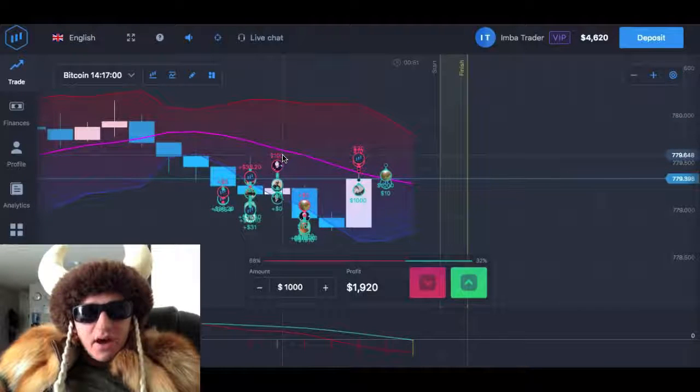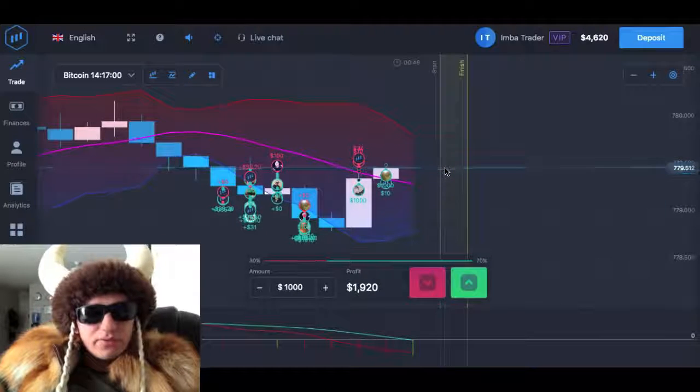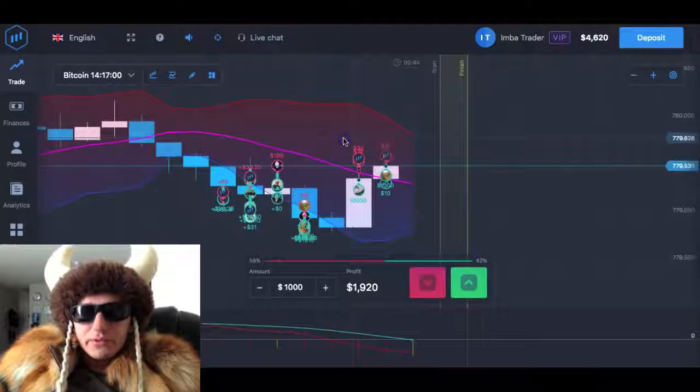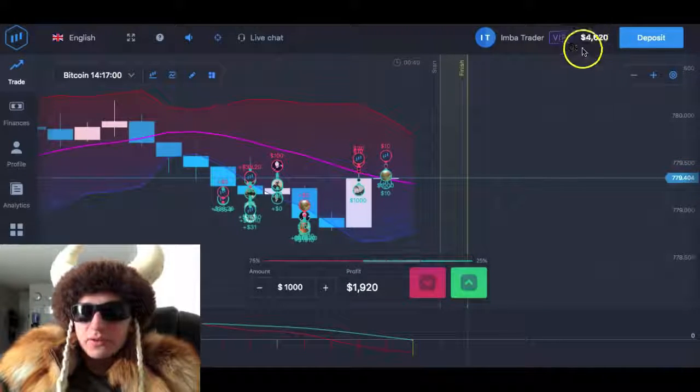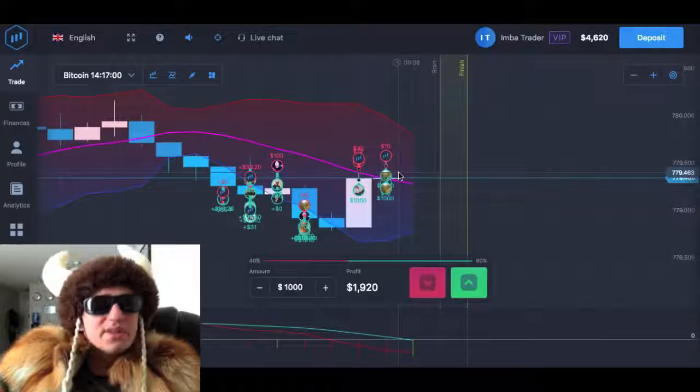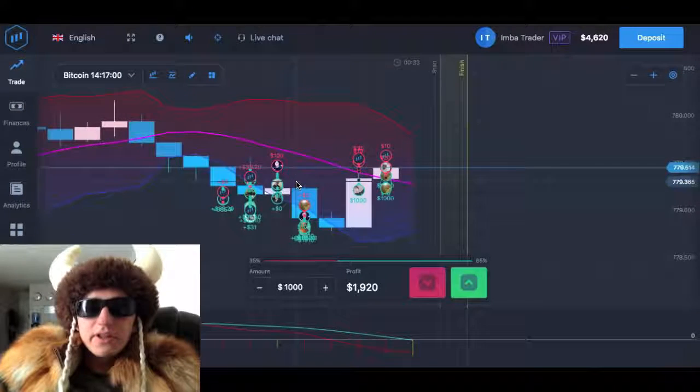Okay, so as I said, I would like to end this trading session with some more reasonable profit. I started with $4,000 and I'm at 4,600 level.